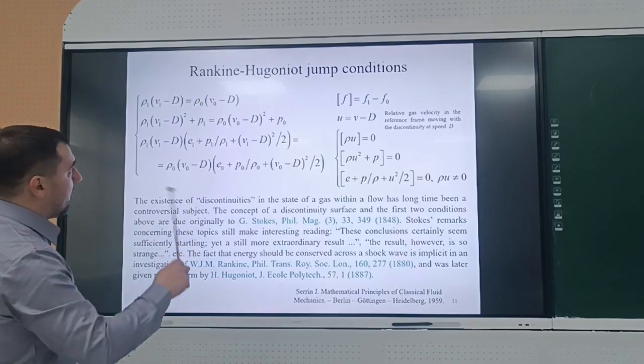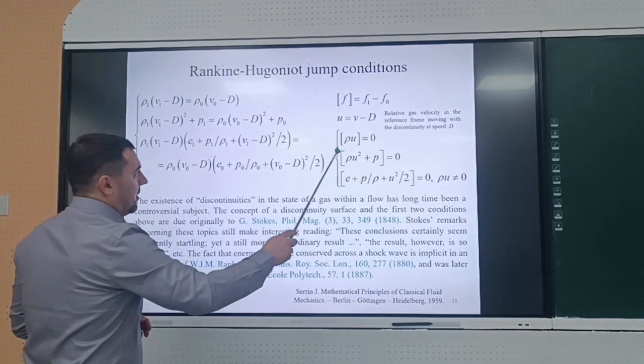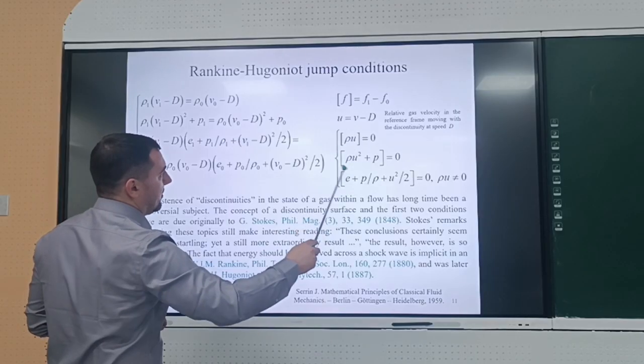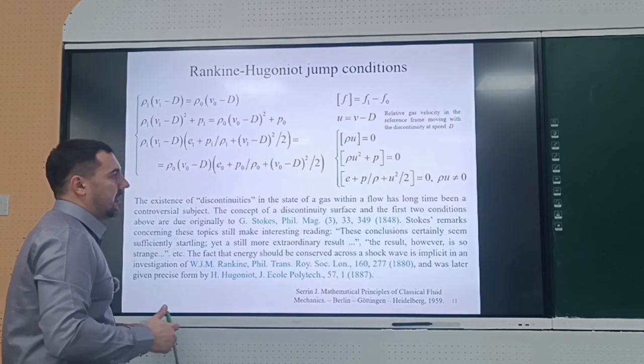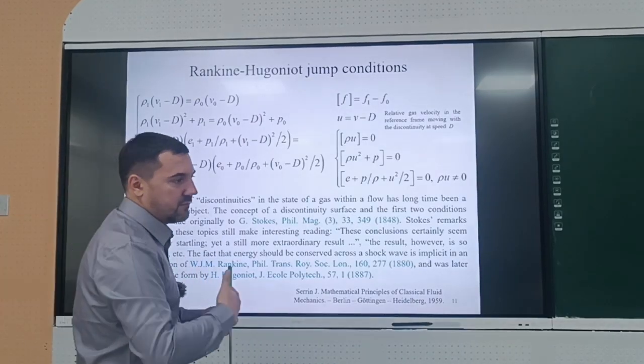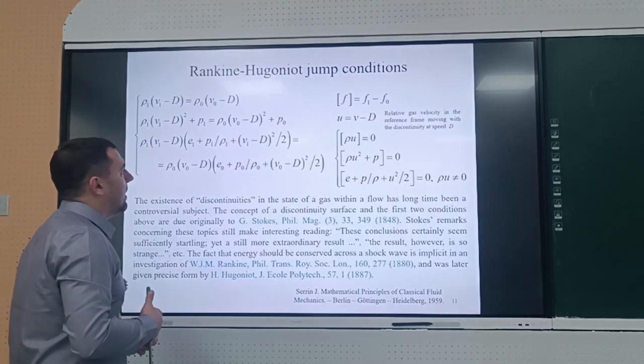In fact, the Rankine-Hugoniot jump conditions state that the jumps of mass flux, momentum flux, and energy flux, these fluxes should be the same to the right and to the left of our discontinuity.